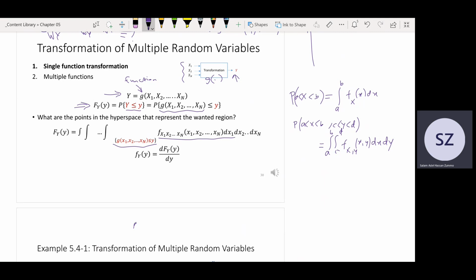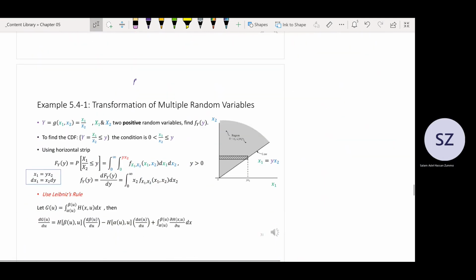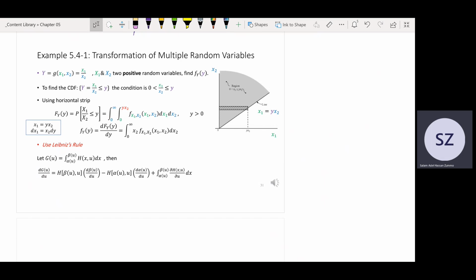We find this, and then you differentiate with respect to y. This is what we did before, and this is what we'll do now. Let's focus only on two random variables.